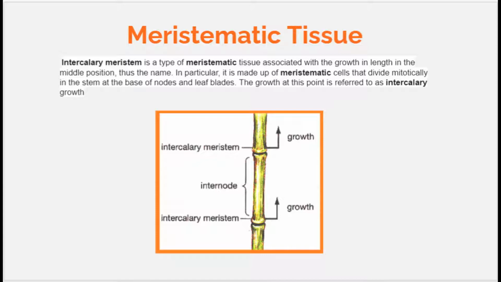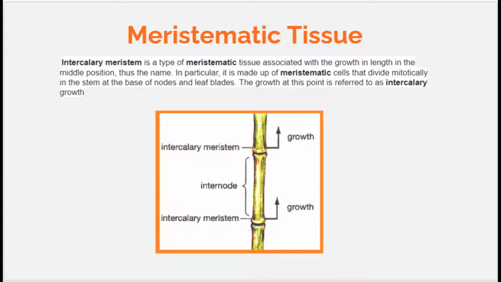It is the part of the apical meristem which is left behind during the growth period. That means once the apical meristem has completed its growth, it shifts to another stage and starts growing once again. So when the growth is over, only in that region the intercalary meristem is found.